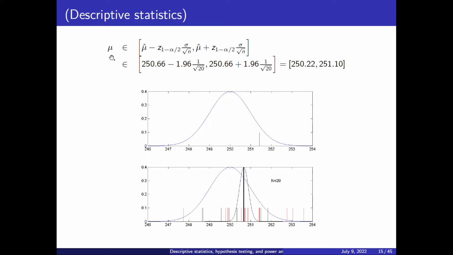So we have observed 250.66, but the true parameter must be somewhere around here, and whenever you can, you should always report confidence intervals in your summary. So if you report a mean, a variance, a standard deviation, a correlation, or whatever, you should always give what is the confidence interval, how much uncertainty I have about that value.